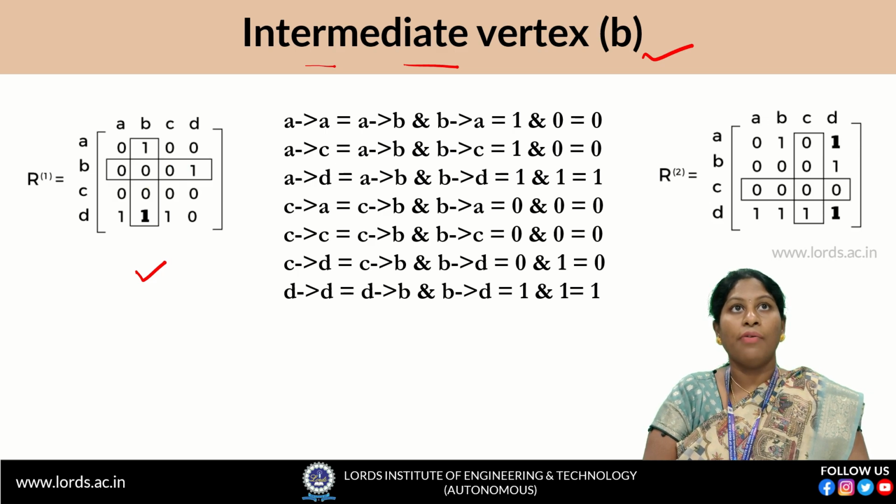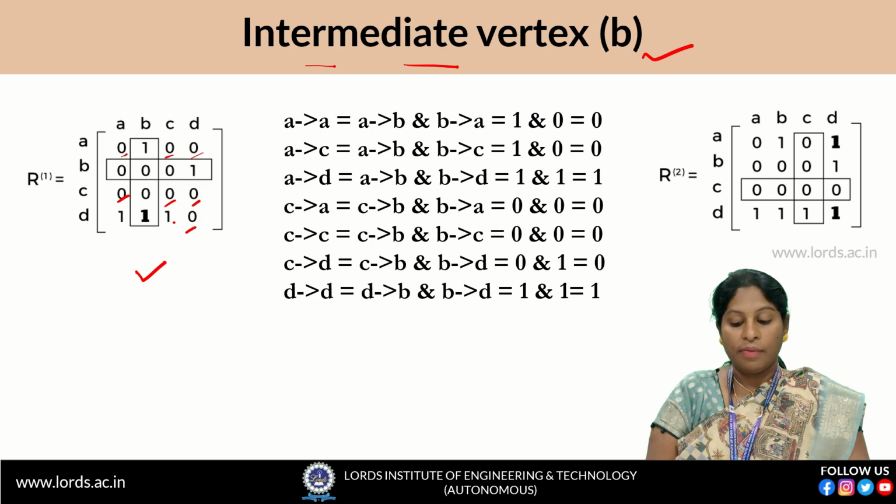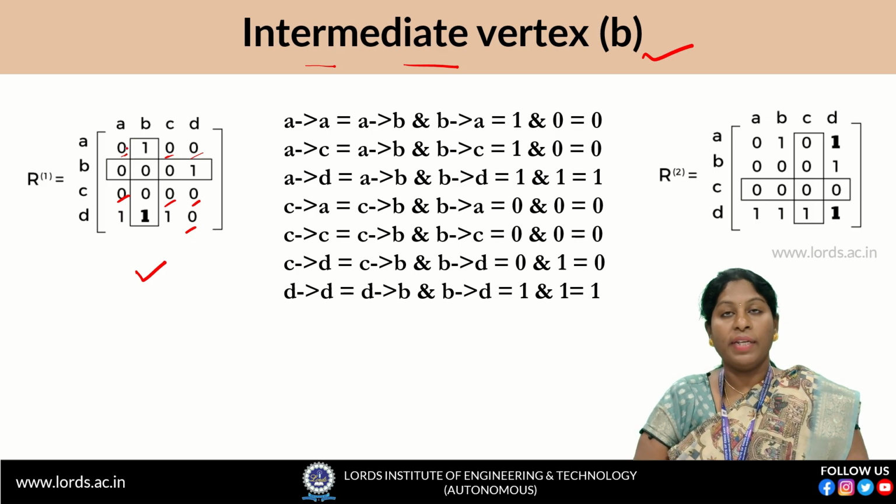So here we have A to C, A to D. So how can we take? By using A to B and B to A. So what is the value of that from the previous one? 1 and 0. So if it is 1 and 0, we need to represent it as 0 only.